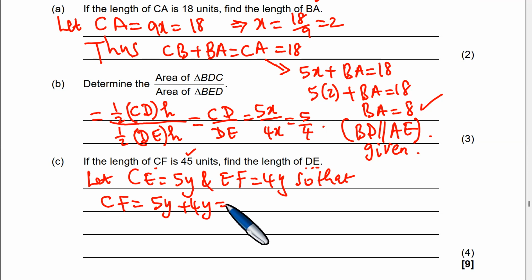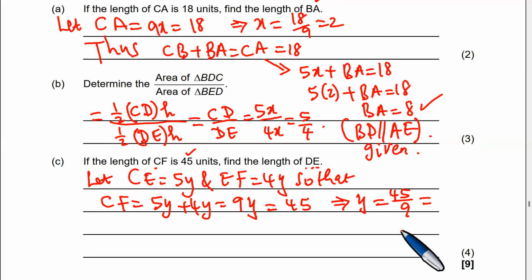So when you add, CF is equal to 9y and it is 45. If it is 45, this implies that y is 45 divided by 9. What is 45 divided by 9? It's 5, right? So y is 5.